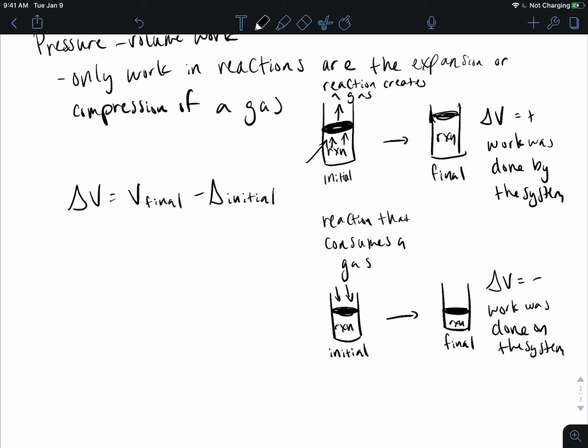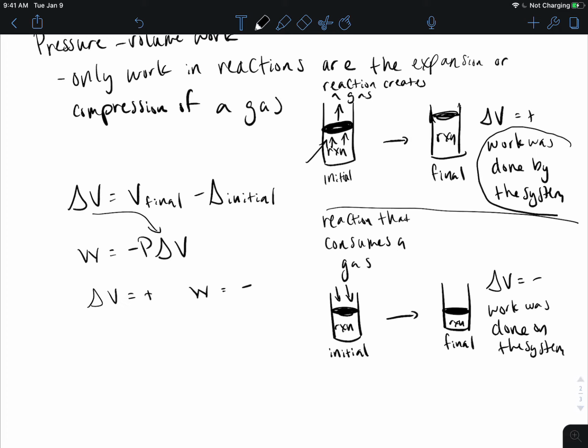We can solve for that work by saying work is equal to negative P delta V. The way we think about it sign-wise: if our delta V is positive, like in our first scenario, then our work is negative, which makes sense because work is done by the system, so we have lost energy.